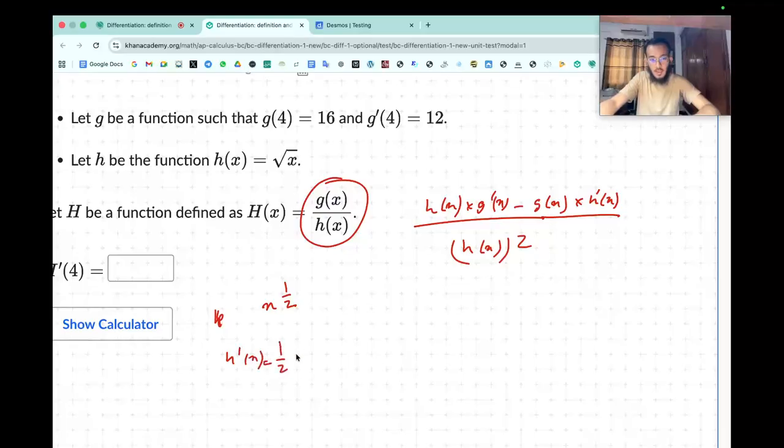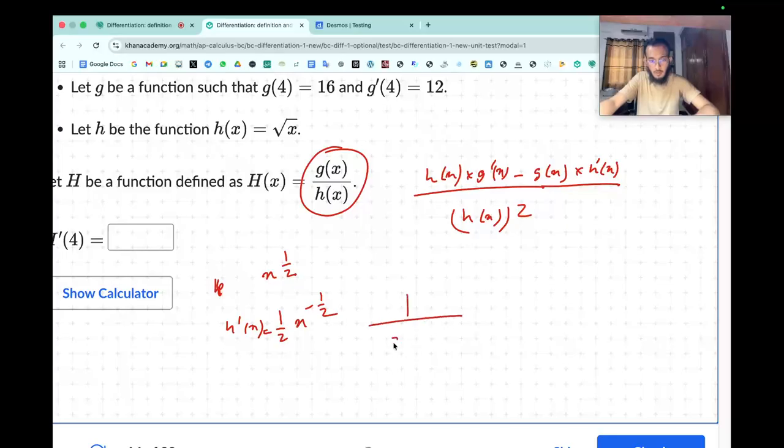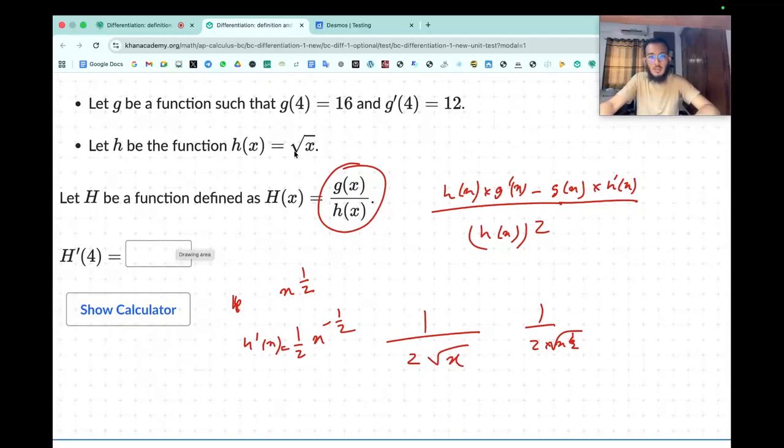half x to the power minus half, or 1 upon 2 root x, because negative half means 2 is in the denominator, and half means basically root. So how does that work? We need x equals 4.